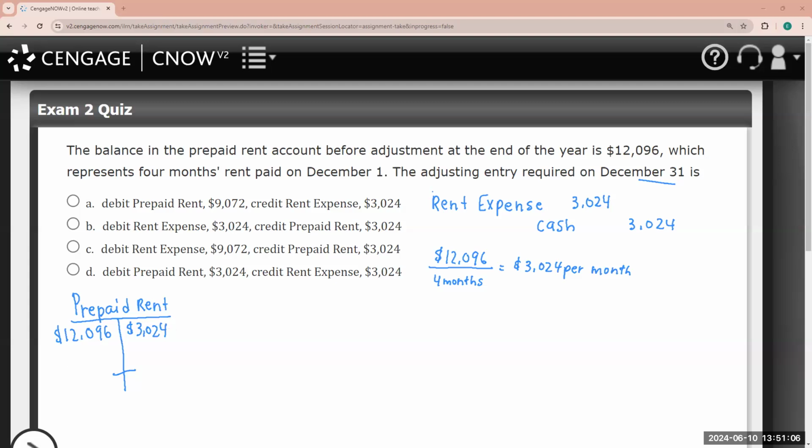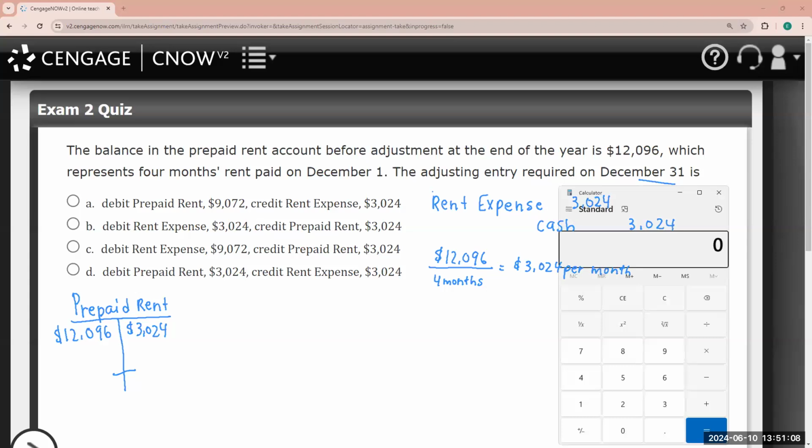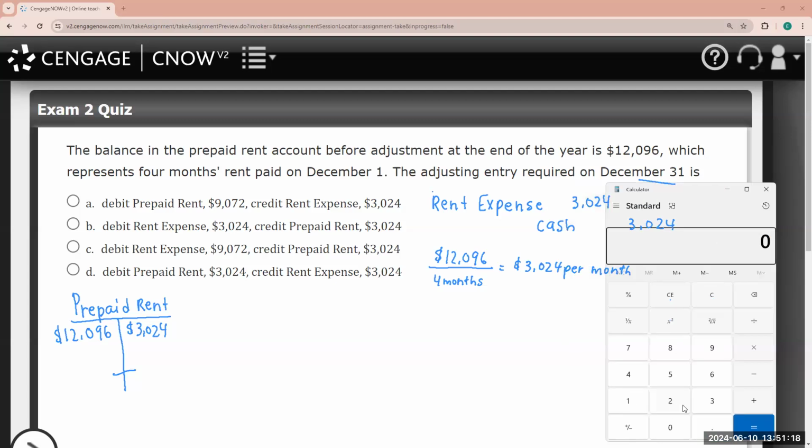Once we make this adjustment, we have $12,096 minus $3,024, and that gives us an ending balance in our prepaid rent account of $9,072.